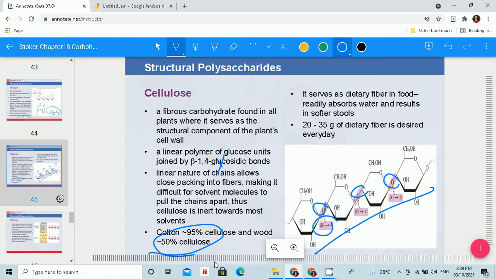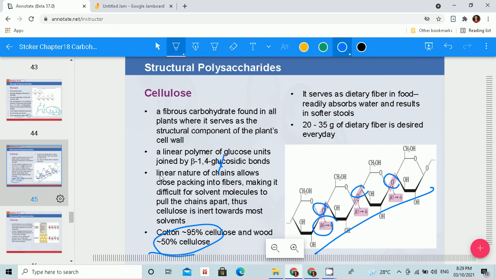People don't have it. Okay, so an example of this are termites. As you can observe, the termites' food is wood and paper because they have cellulase.